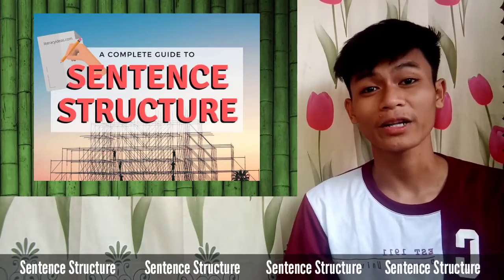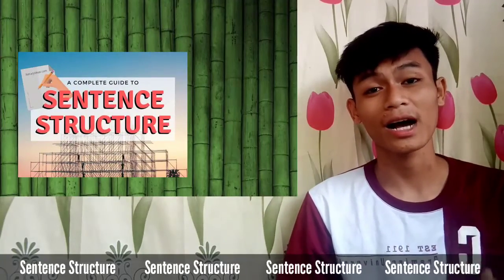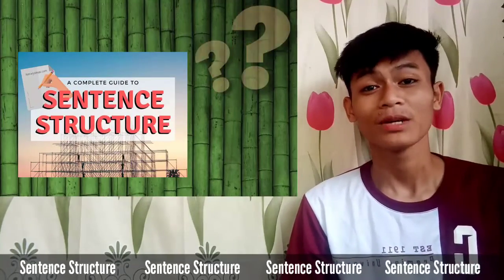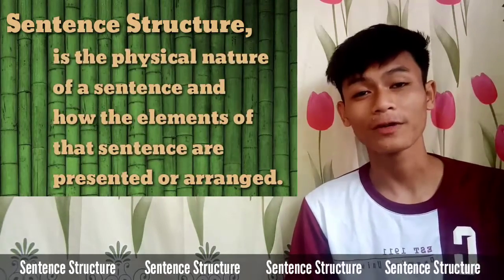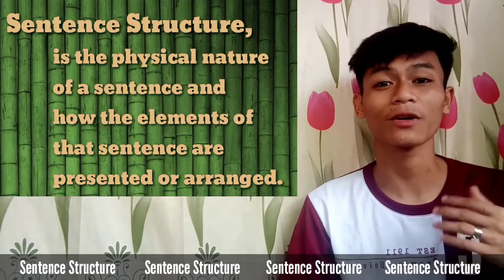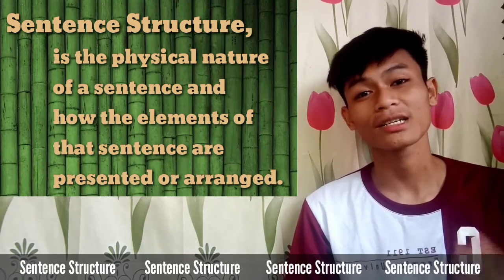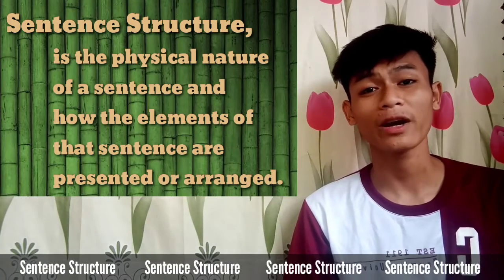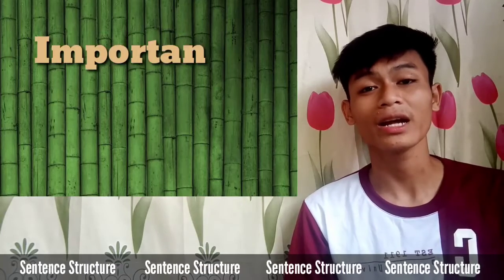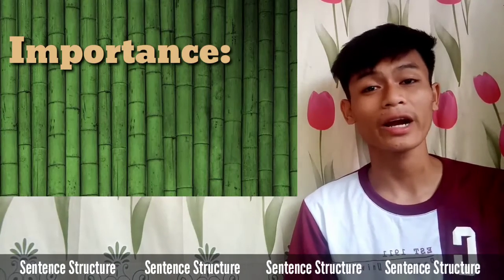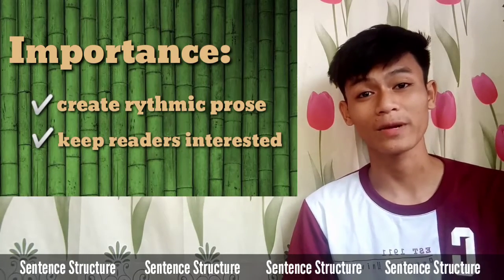So, to formally start our discussion for today, let us first define what a sentence structure is. A sentence structure is the physical nature of a sentence and how the elements of that sentence are presented or arranged. Just like word choice, a writer must vary their sentence structure to create a rhythmic prose and to keep their readers interested.